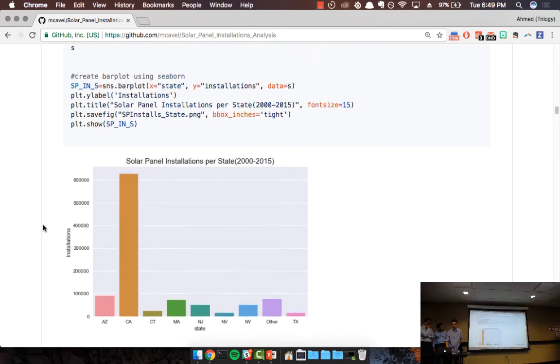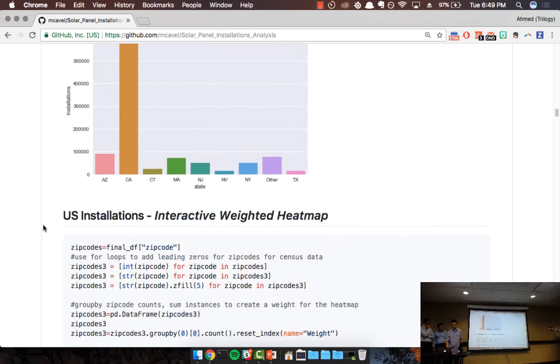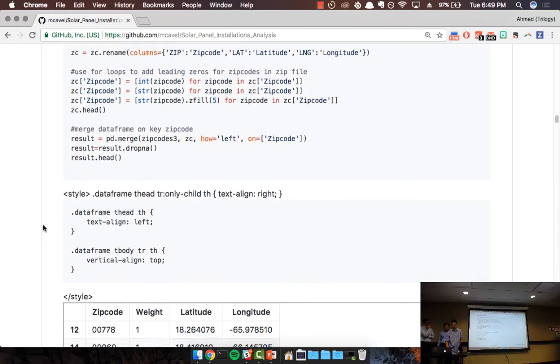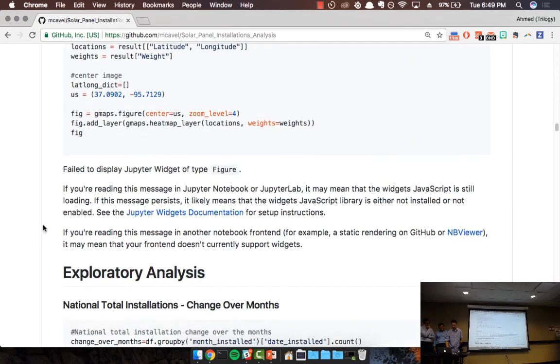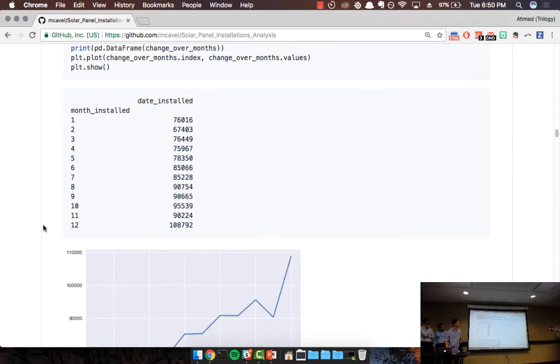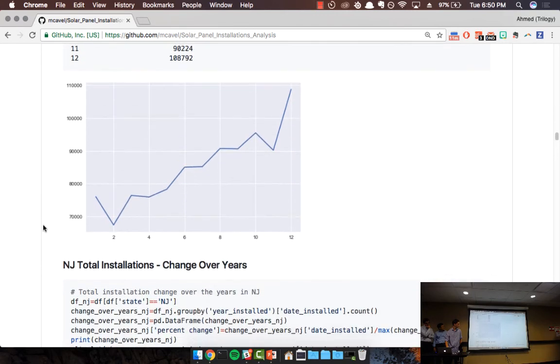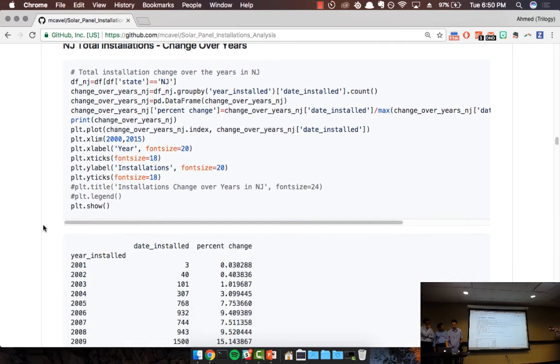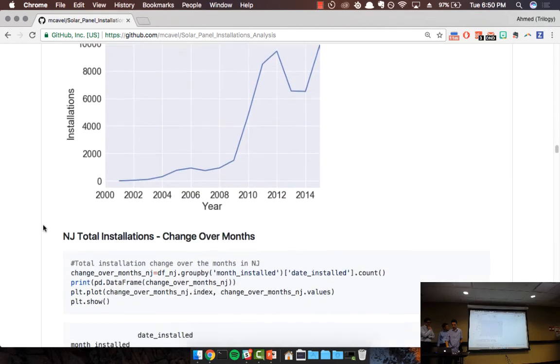Installations by state and the graph. Our exploratory analysis, where we could go a little bit further. Our New Jersey information.